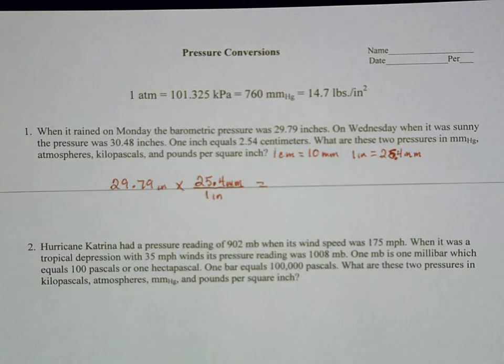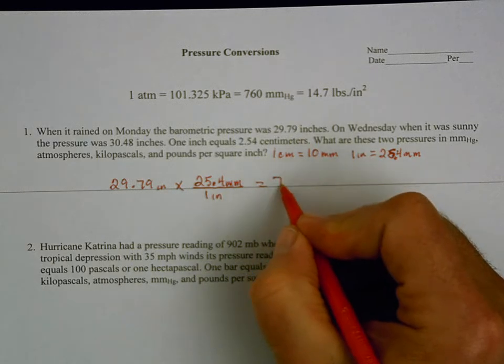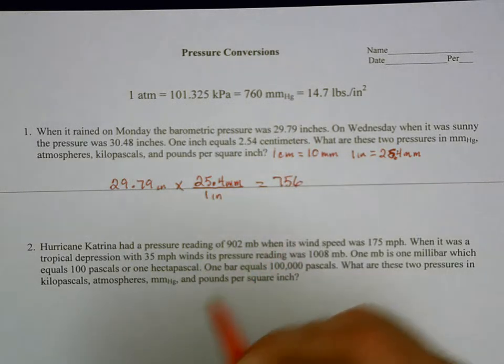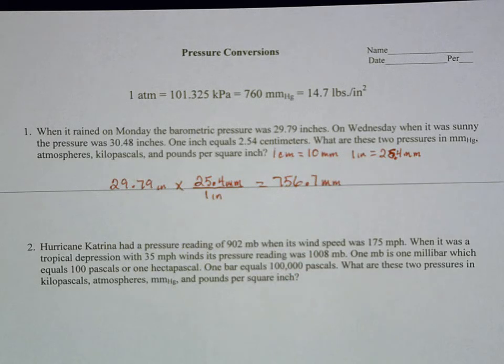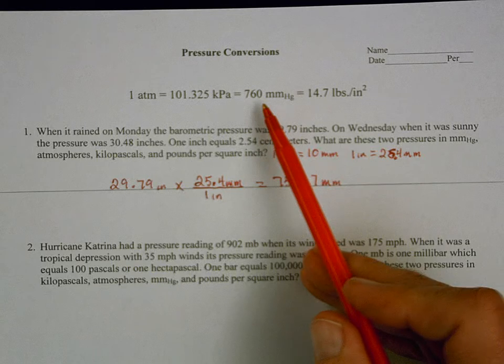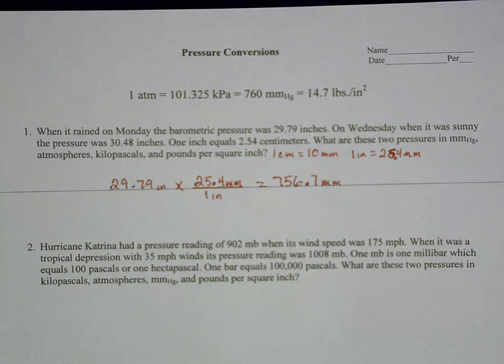And so really this is just a simple multiplication problem. And so 29.79 times 25.4, and it turns out that this is basically 756.7 millimeters. So that you can see that it's just a little bit less than the 760 would be for normal 1 atmosphere.